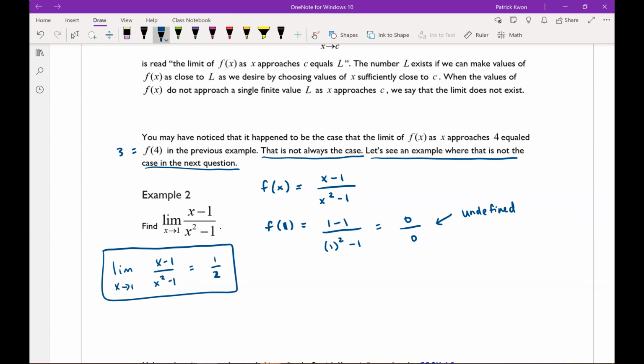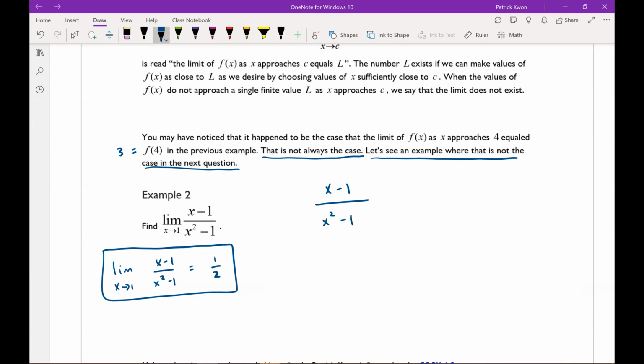Now, it turns out that there's a way to do this algebraically and not necessarily using a graphing utility like we just used. So this requires some algebra skills. I'm going to take a look at this function again, x minus 1 over x squared minus 1. And this thing here on the bottom is what we call a difference of squares.